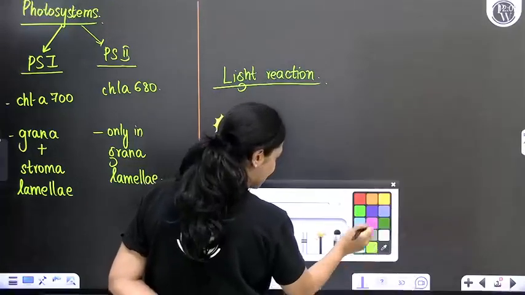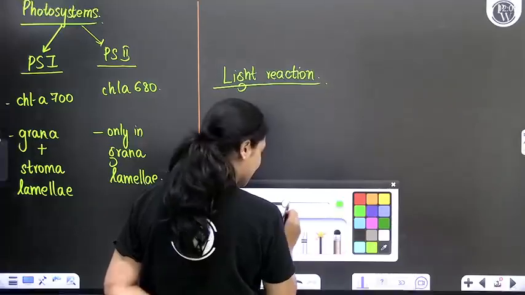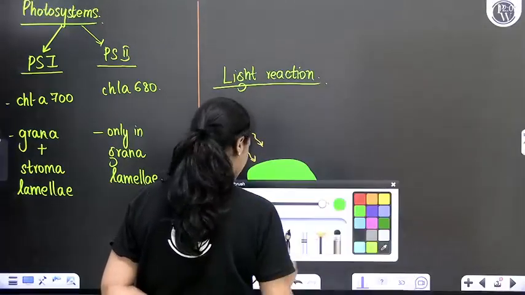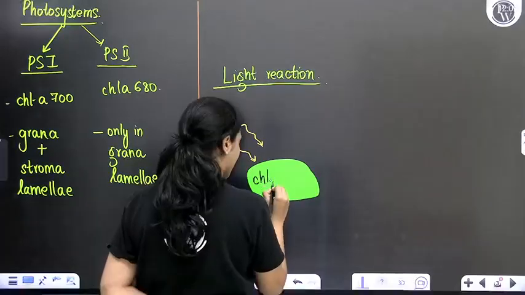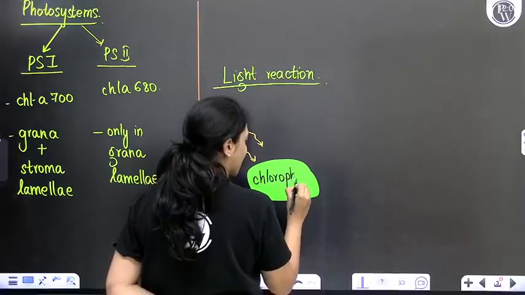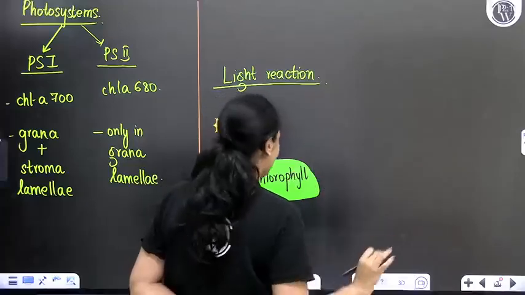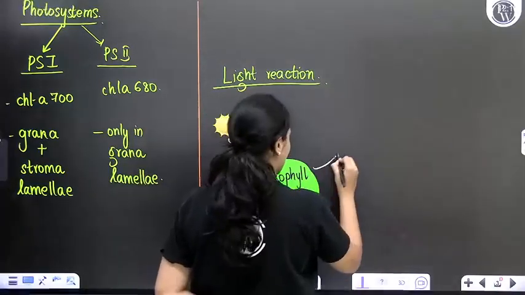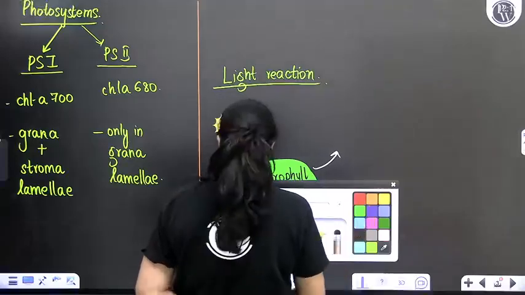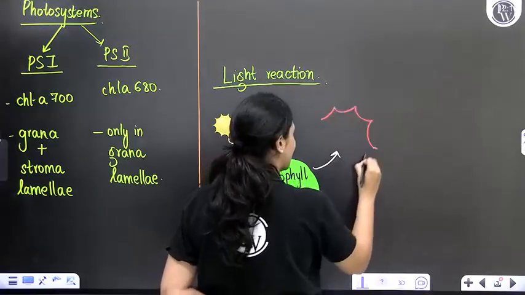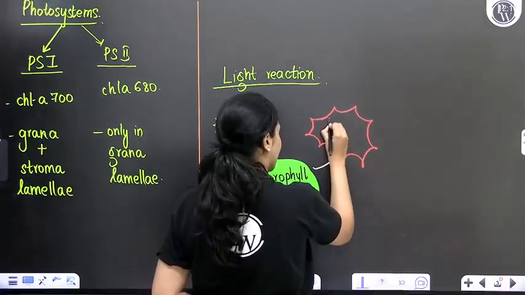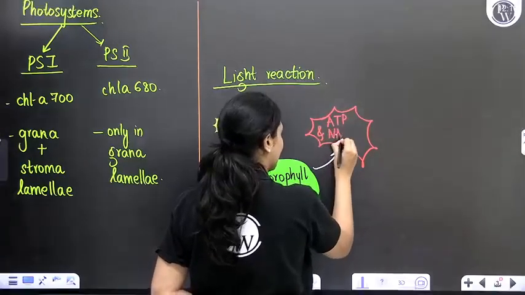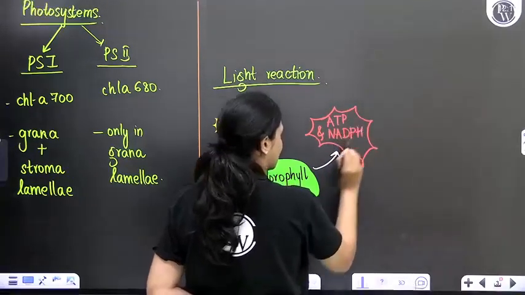It is captured by chlorophyll pigment, primarily chlorophyll A, and it will produce energy rich molecules in the form of ATP and NADPH.